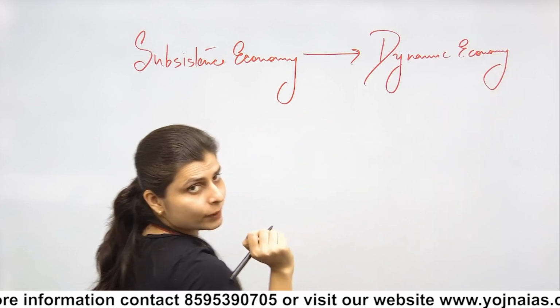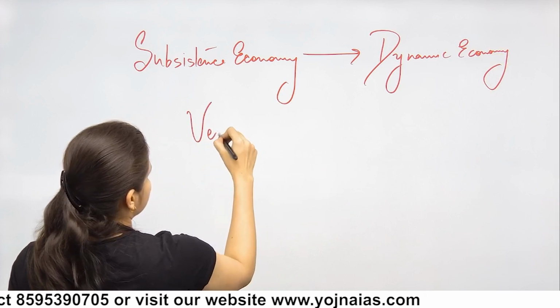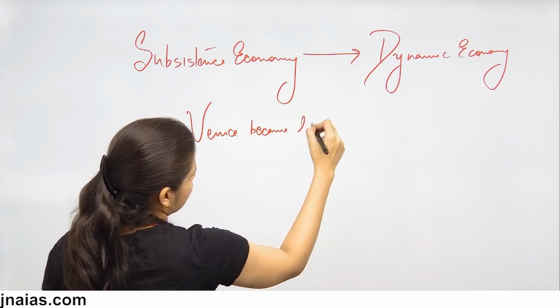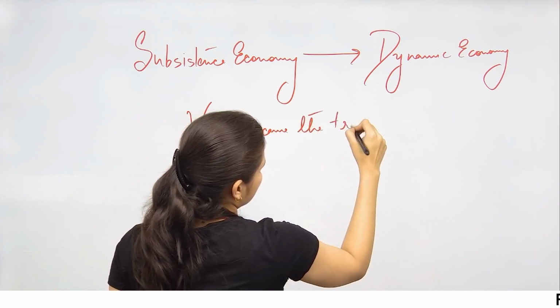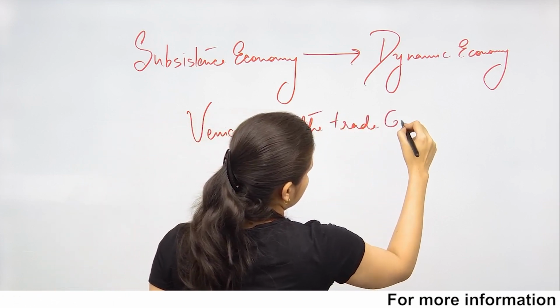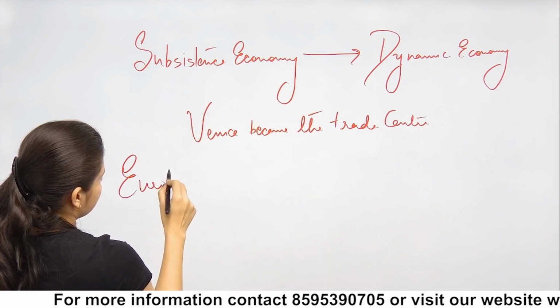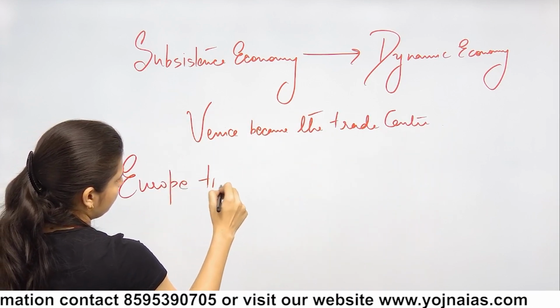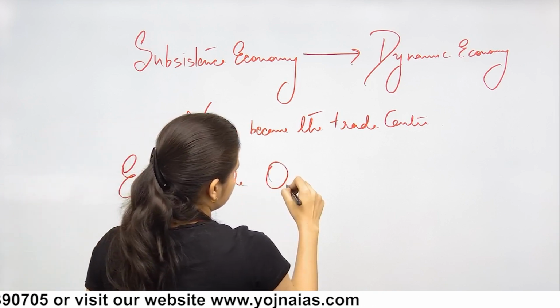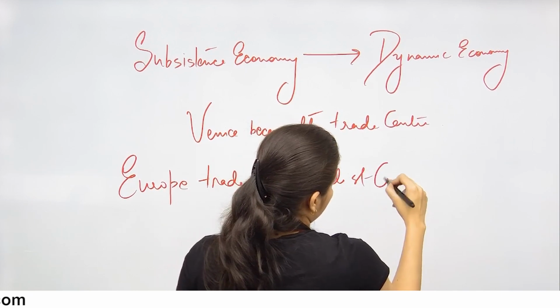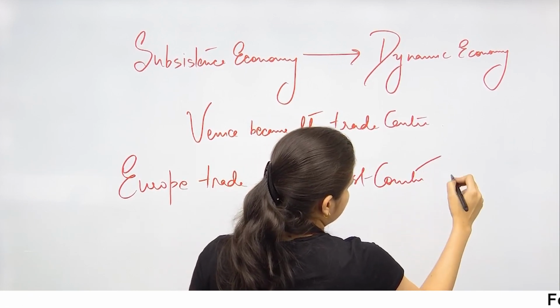Apart from that, Venice became a trade center. Europe started trade with Oriental countries, and one such country was India.